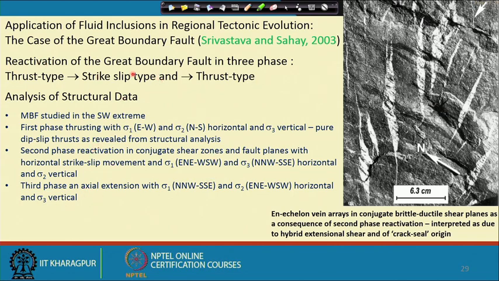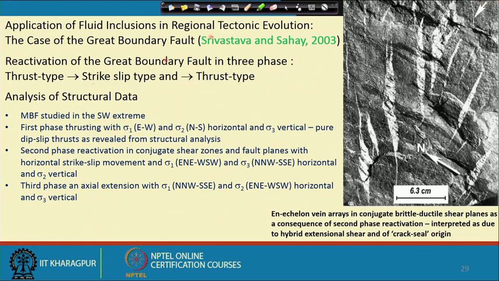So, this Great Boundary Fault, as we know, is on the juncture of the Aravalli Craton and the Vindhyan basin, and it has a north-north-east to south-south-west type of trend, which I am not showing here. The geology of it could be obtained from this particular reference or from standard textbooks.